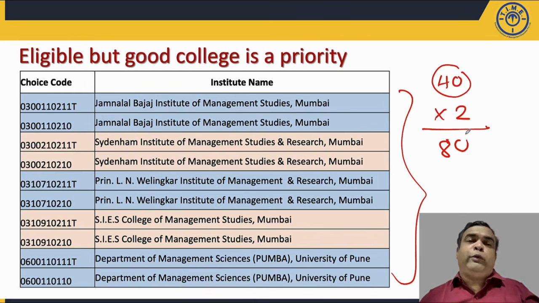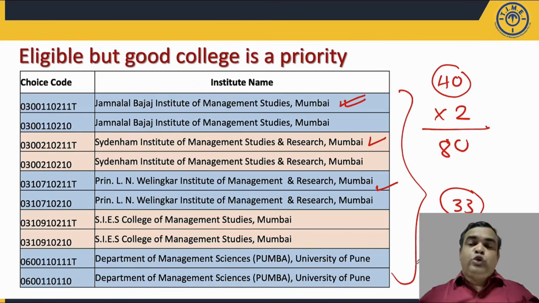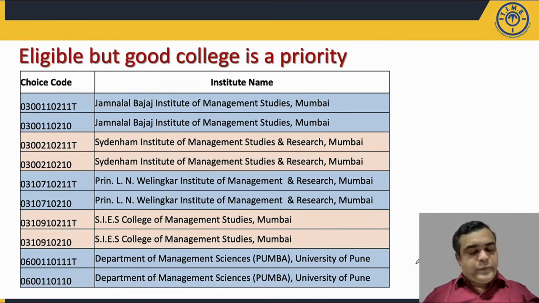Somebody will choose the top 20. Whatever you choose, you should start from JBIMS only. You have to follow this order. So suppose, as per your cutoff, you are going to get college number 33, for example. Still, you start filling the form from college number 1, from JBIMS, Sydenham, Wellingkar, and so on, though you are going to get college number 33. That part is very, very clear. Let's go ahead.